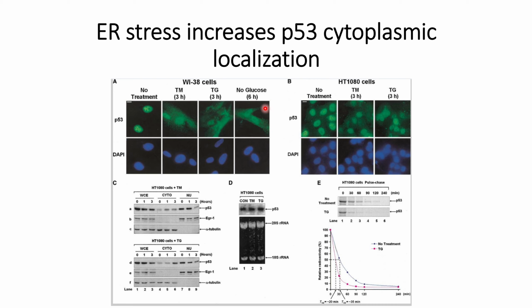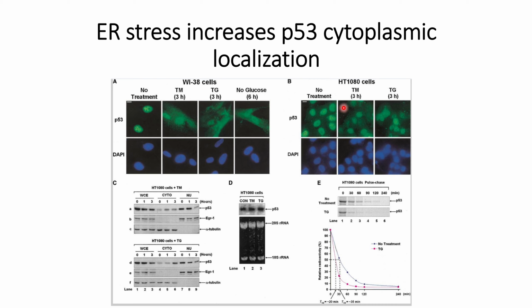When cells are treated in a medium with no glucose, we can also see the p53 spread across the cytoplasm, and in DAPI staining there is not much change in the nucleus. So from this panel it seems that p53 is localized in the cytoplasm whenever there is ER stress.